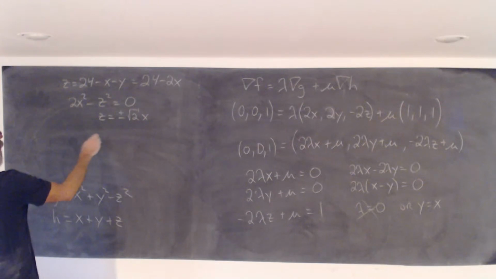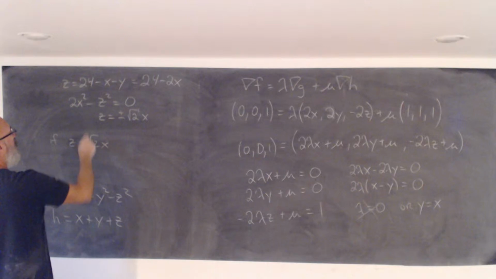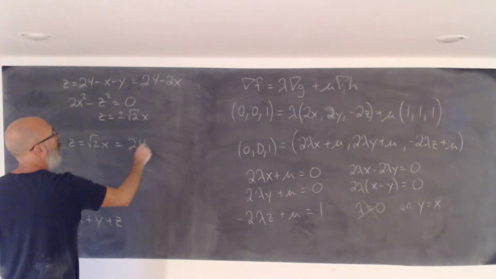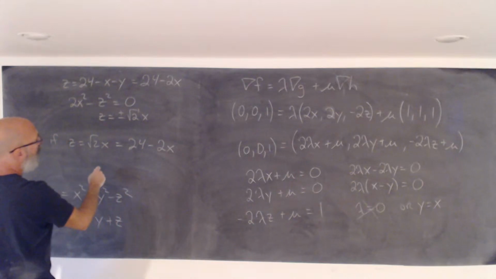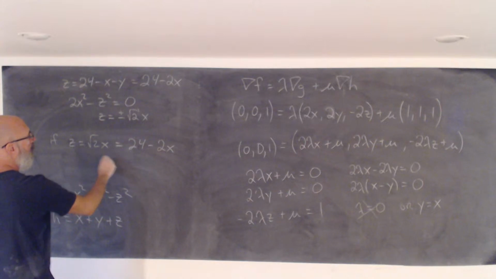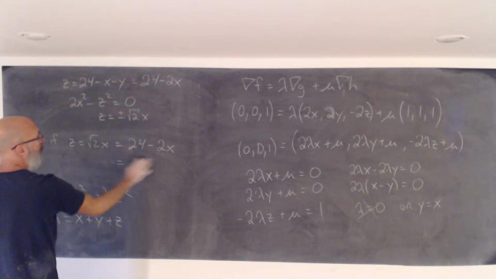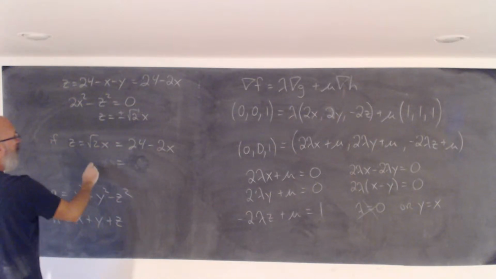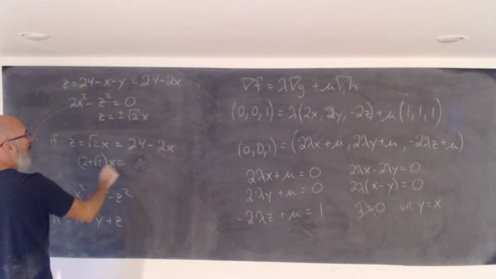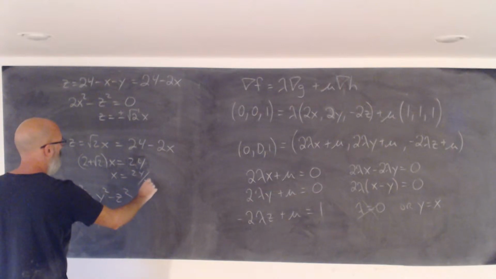So if z is root 2 x, that is equal to 24 minus 2x. So bring this to the other side, and you get 2 plus root 2 times x is 24. So x is 24 over 2 plus root 2.